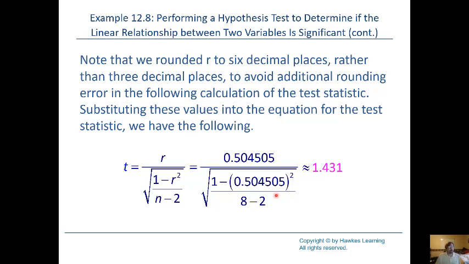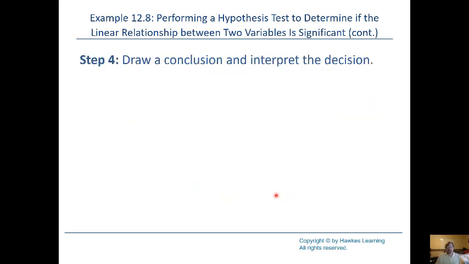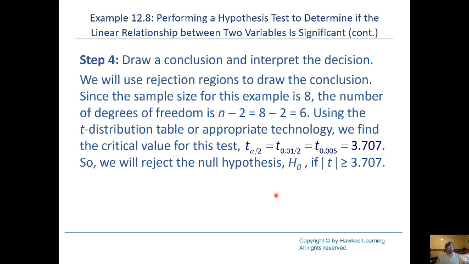Okay, so we are going to need to know what that critical t value is so we can come up with our rejection region. So 1.431. We're doing a two-tailed test, so we've got half the tail out on each side. We can look that up in the table. We get 3.707.